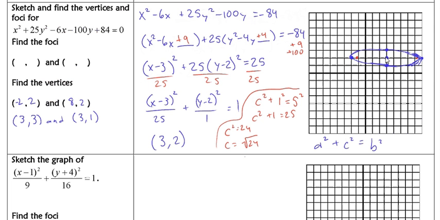You can simplify the square root of 24, but we'll just leave it as it is for right now. It's going to be at the center, which is x equals 3 minus the square root of 24, comma 2, that's the y value there, and 3 plus the square root of 24, comma 2. All right, hope that helps.